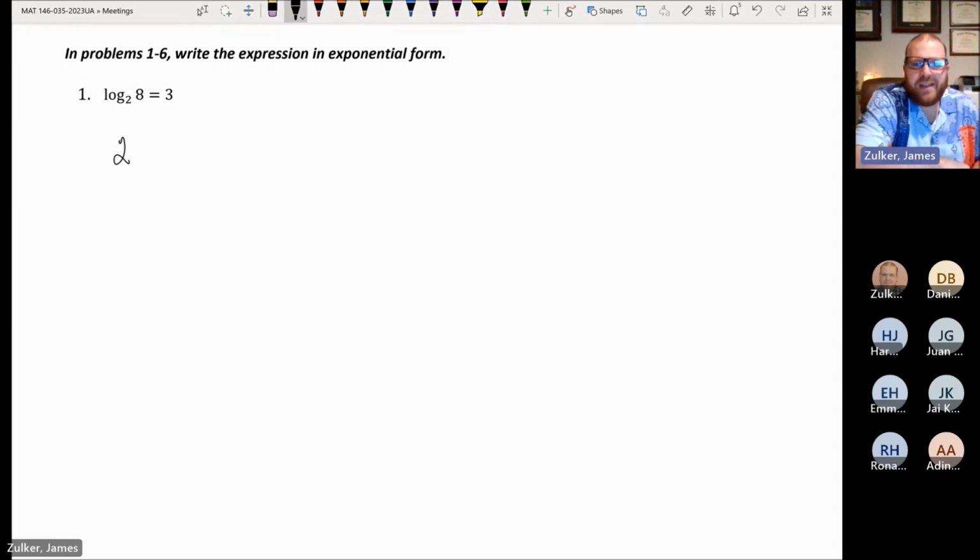So that'll serve as the base of our exponential. What the log equals gives us the exponent. And then what we're taking the log of is what it equals. So the exponential form is 2 cubed equals 8.